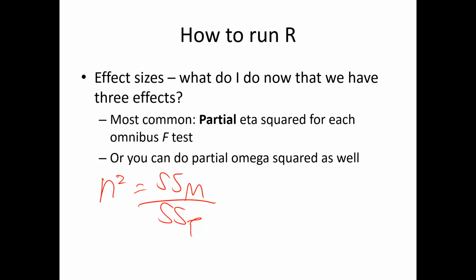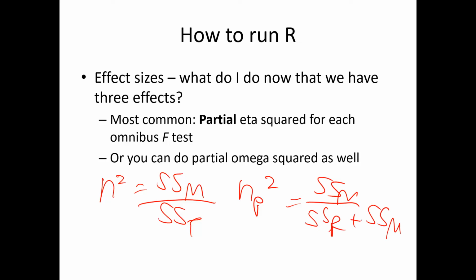I could do it for each one, but the way eta works is it's the overall variance, and that's not really what I want. Instead, we're going to look at how important each variable is one at a time, or each effect one at a time. So we're going to use partial eta, which is sum of squares model over sum of squares residual plus sum of squares model.